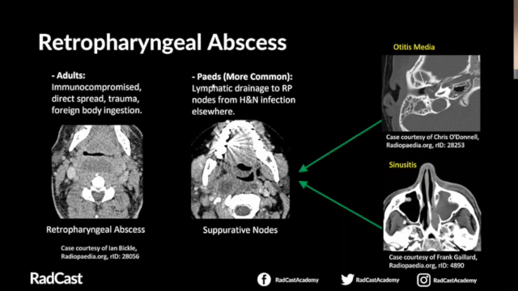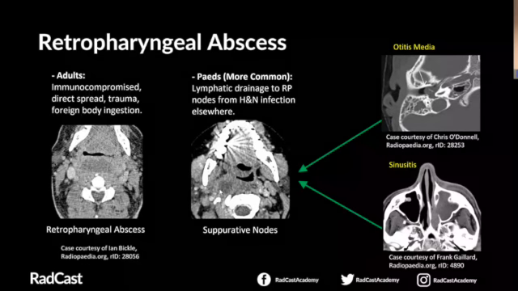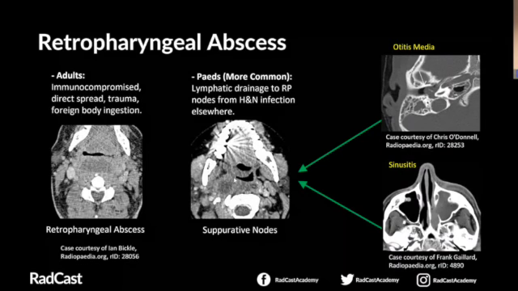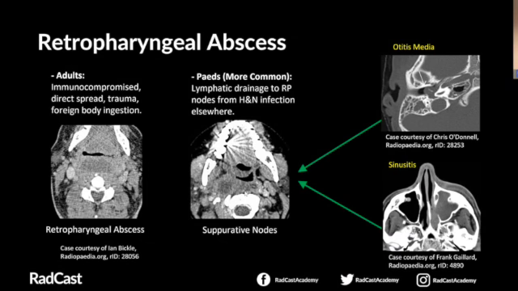So typically these start as suppurative lymph nodes rather than proper abscesses originating in the retropharyngeal space, and then they burst and become a true retropharyngeal abscess. It's a suppurative lymph node rather than an abscess, although the distinction is kind of academic, but there is no septum that separates both sides of the retropharyngeal space.